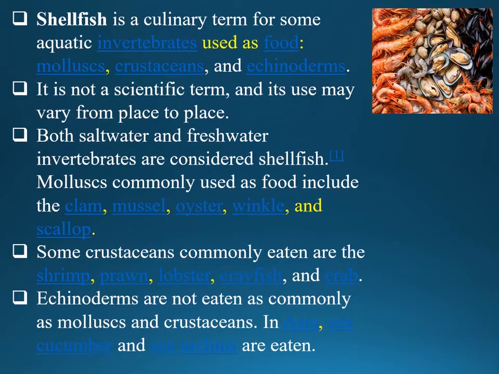The next one is about shellfish. Shellfish is a culinary term for some aquatic invertebrates used as food: mollusk, crustacean and echinoderm. All of these are shellfish. The orange ones are prawn, and these are mollusk and shellfish.